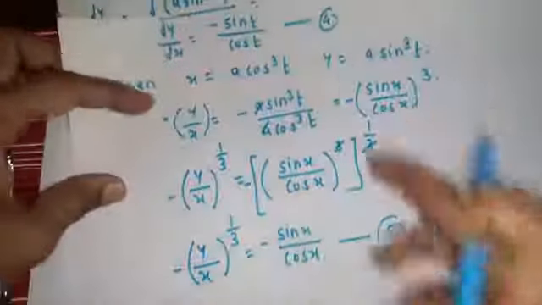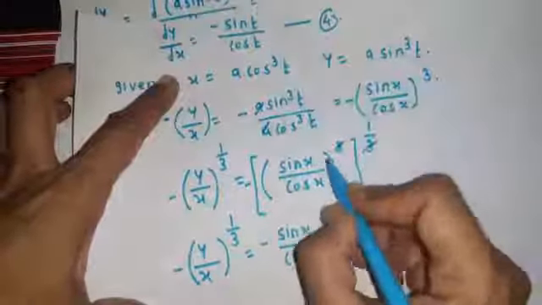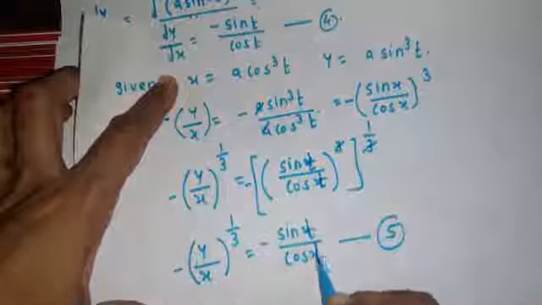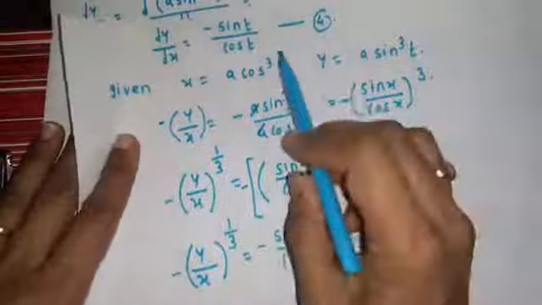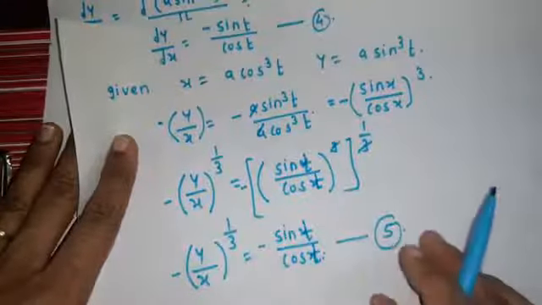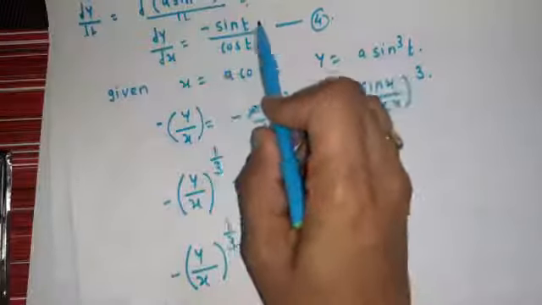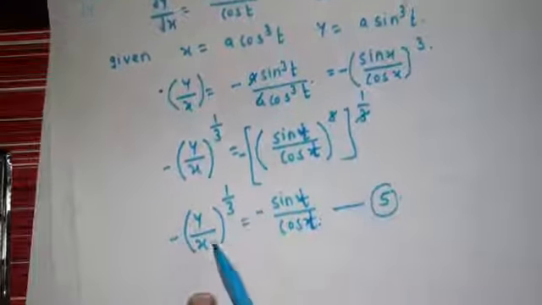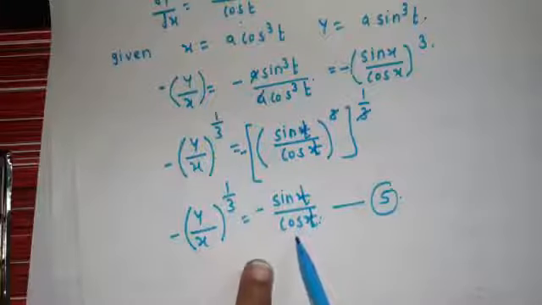And from 4 and 5, that is minus sin of t, correct the variable as t, please correct. So from statement number 4 and statement number 5, we observe that dy by dx equal to minus sin of t upon cos of t, and from 5, minus (y upon x) raised to 1 by 3 is minus sin of t upon cos of t.